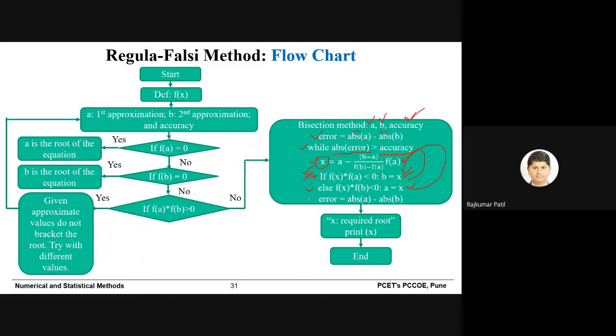And again we put one important point, that is, error equal to absolute value of a minus absolute value of b. Every time the program will check the value of error, because whenever we get a new value of error, it is used to check the condition in the while loop, and if this condition is true for the latest value of error, the program will be executed.